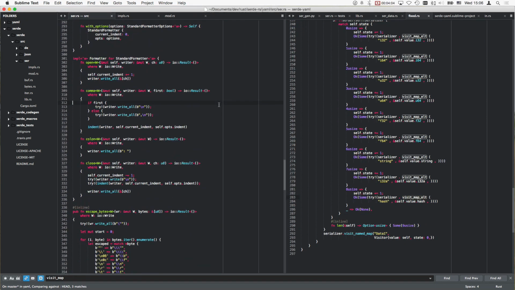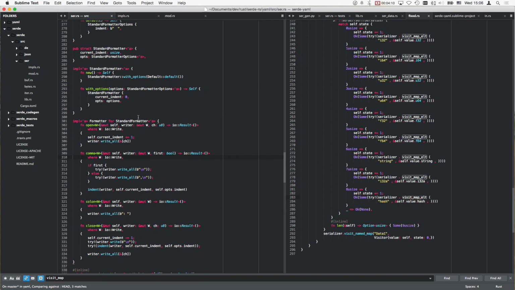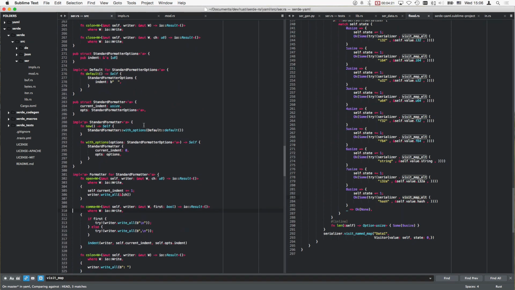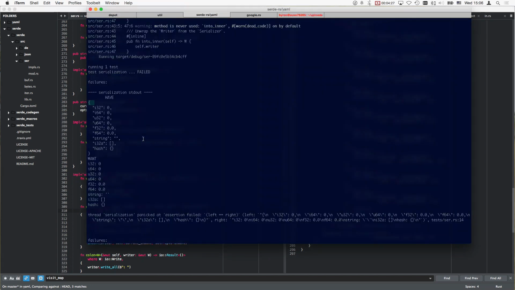And the question is, is it a function of the formatter or is it a function of the serializer? I have the tendency to make it a function of the serializer because the formatter shouldn't, well, the formatter could actually do that. Wait a moment.